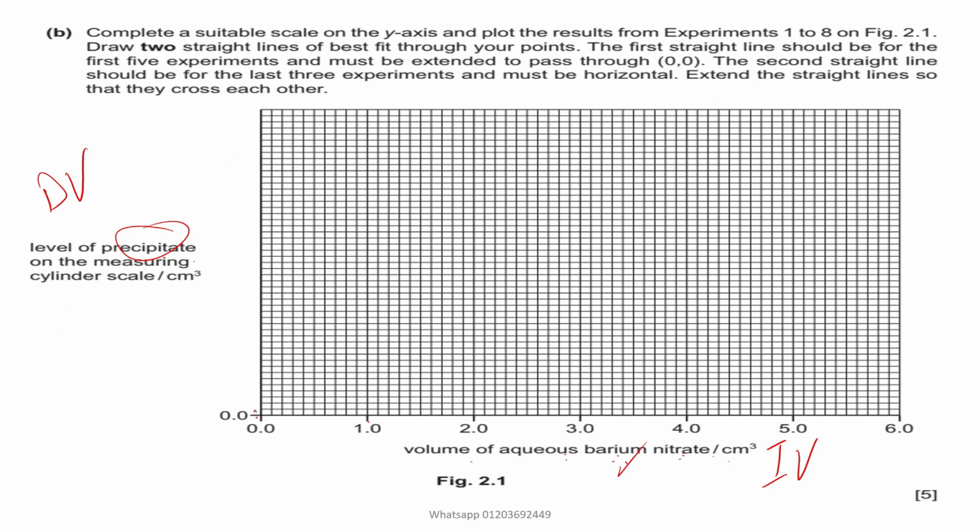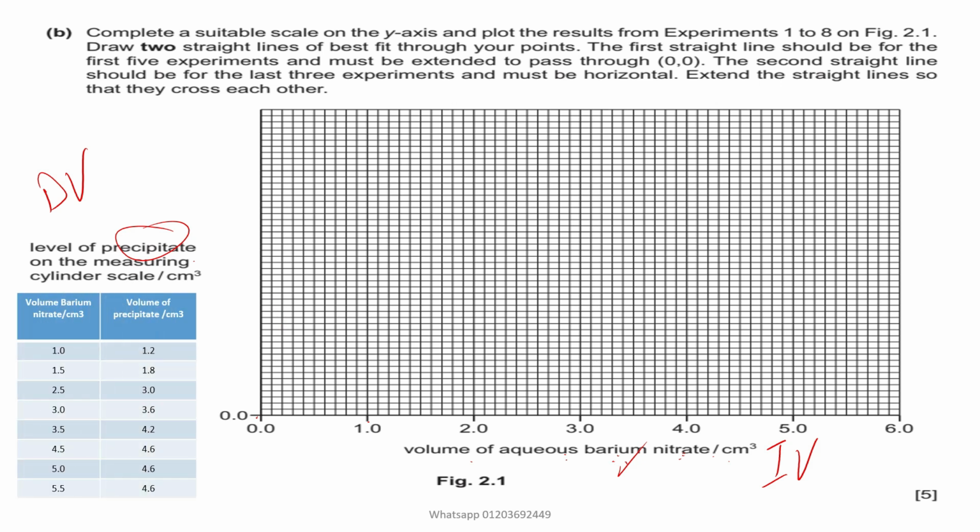Here the y-axis is not scaled. We have to scale it before plotting the data. Look at this small table from the previous results. When the student used barium nitrate with 1, he obtained a volume of precipitate equal to 1.2. So before plotting we have to scale the y-axis.